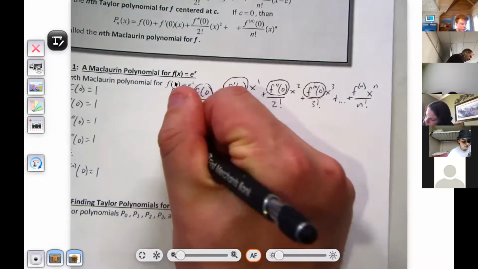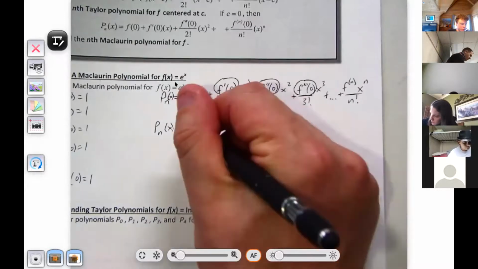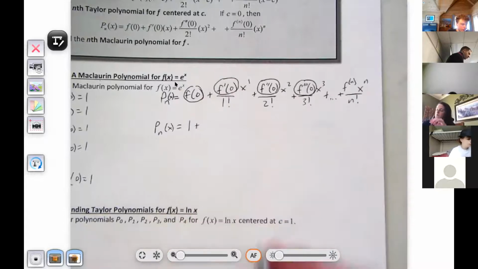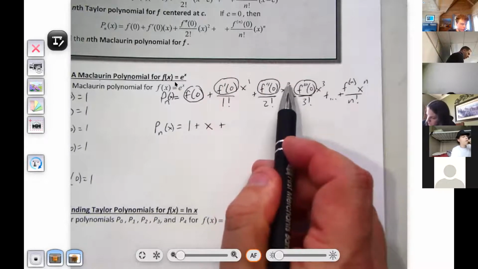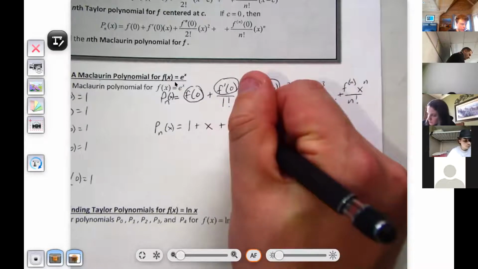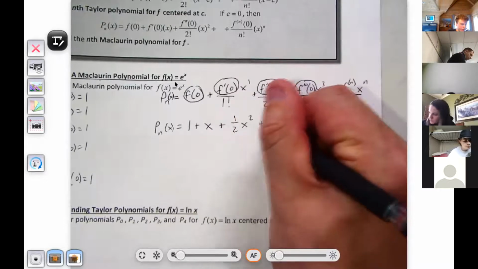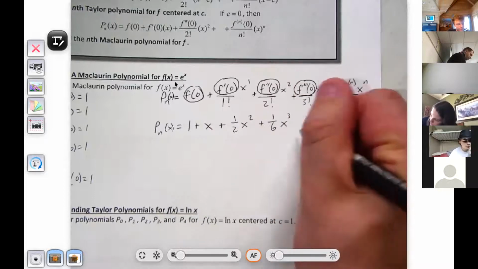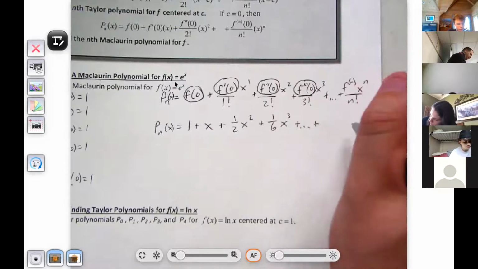So p sub n of x, the nth Maclaurin polynomial for e to the x, would be 1 plus 1 times x over 1 factorial, so just x, plus 1 x squared over 2, plus 1 over 6 x cubed, plus dot dot dot plus 1 x to the n over n factorial.